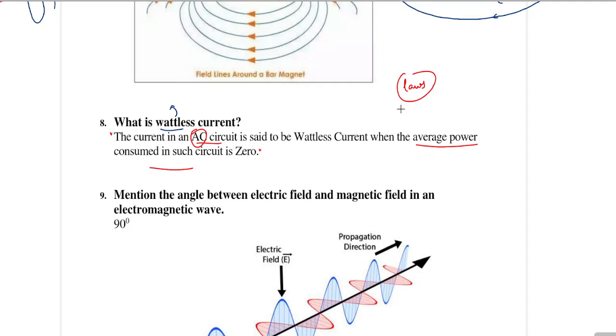Understand the idea behind the particular concept or principle. So here we can say, if we have an AC circuit and current flows in the circuit, then the average power, this is very important, the average power consumed is zero. Such a current is called wattless current.